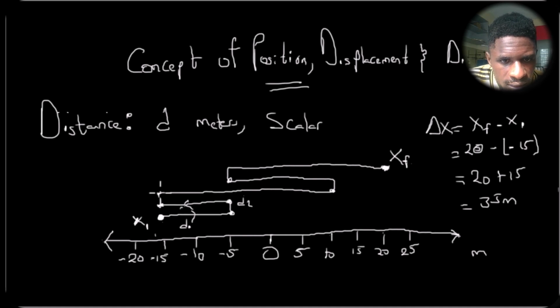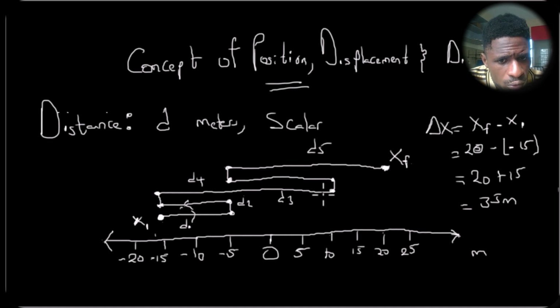Then from this point to this point here, let me call it D3. From this point to this point here, let's call it D4. And then lastly, from this point to this point here, let's call it D5.